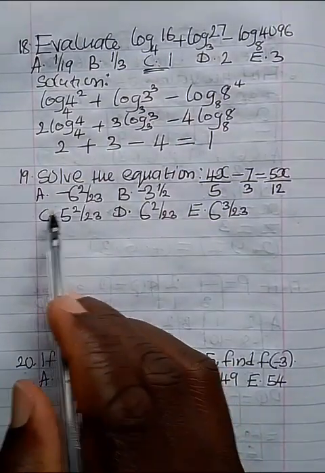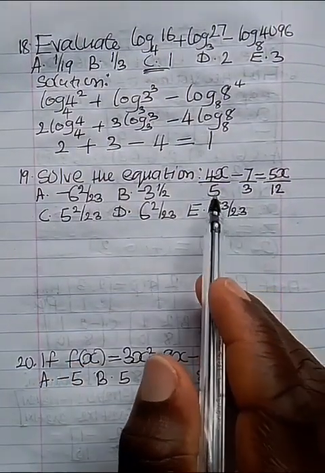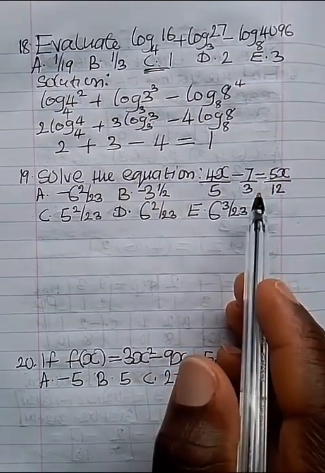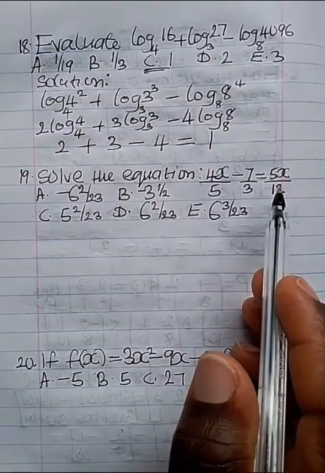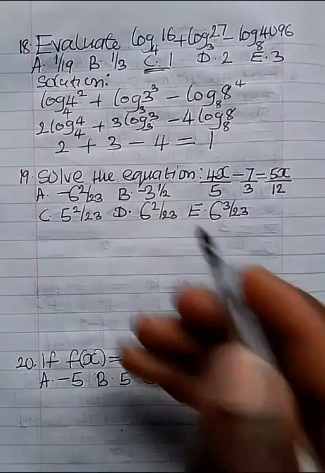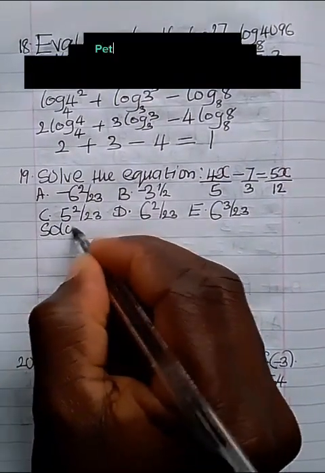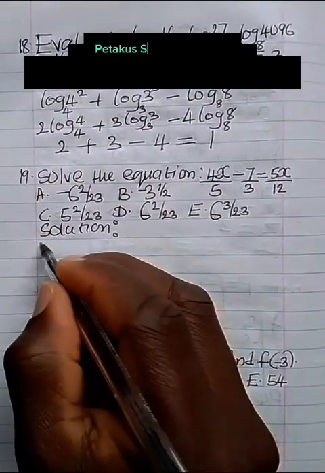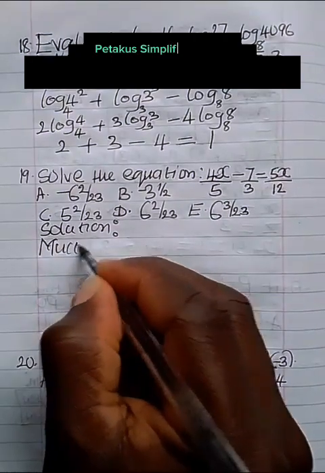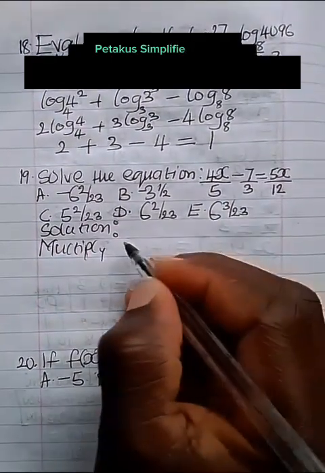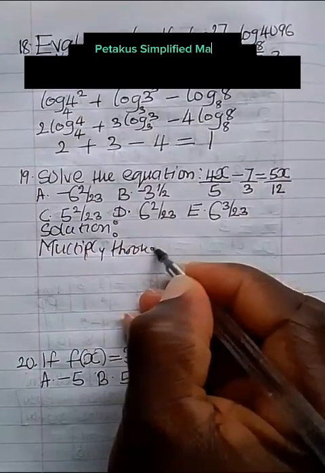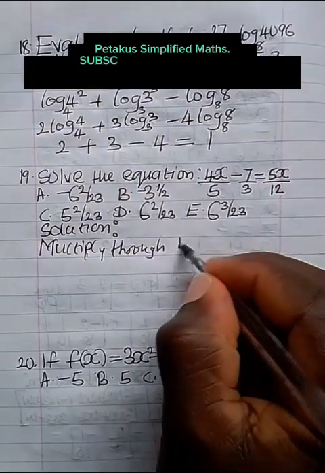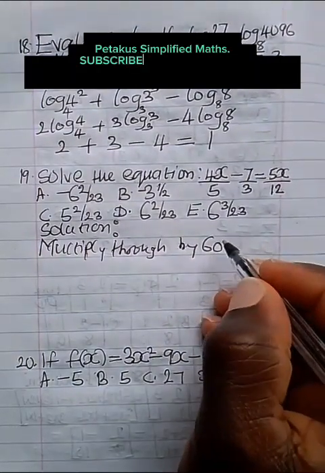Number 19, solve the equation. 4s over 5 minus 7 over 3 equal to 5s over 12. Solution. Let's clear the fractions at once. To do that, you have to multiply through by the LCM of the denominators, and that is 60.